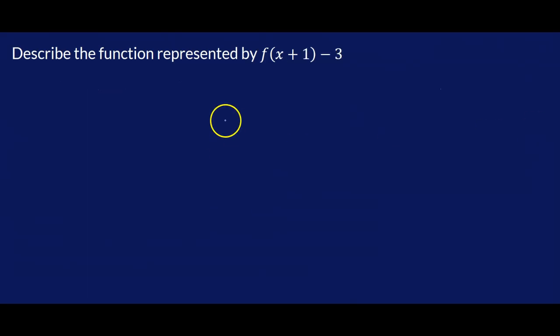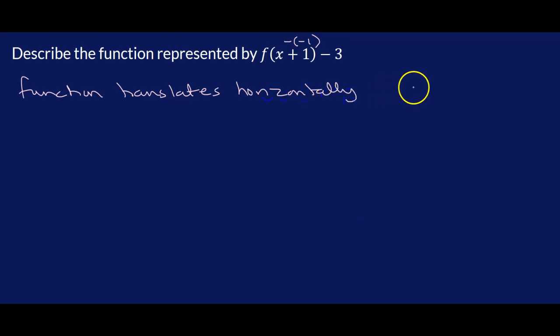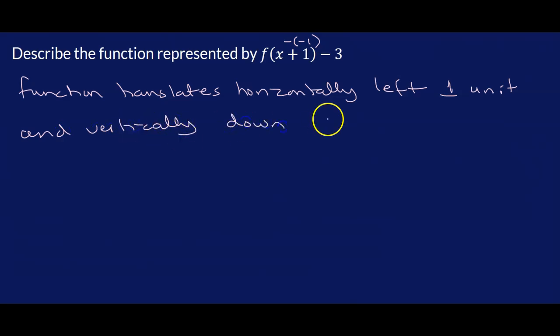And then the last example, we have a combination here. So the function translates. You can remember that this has to be minus negative 1. So it translates horizontally left 1 unit and vertically down 3 units.